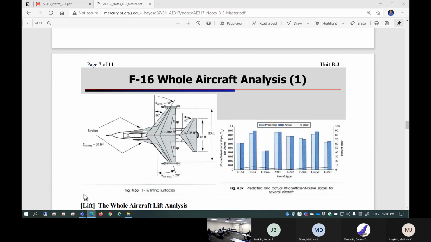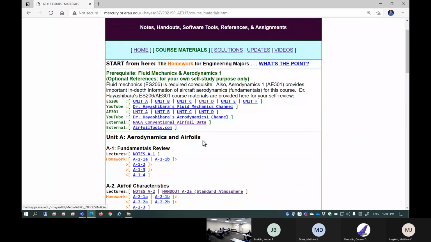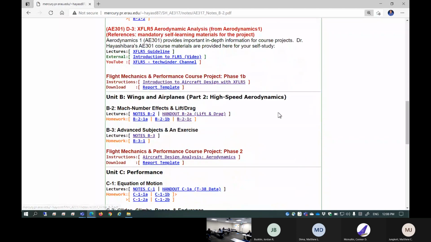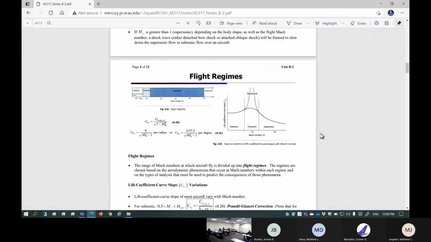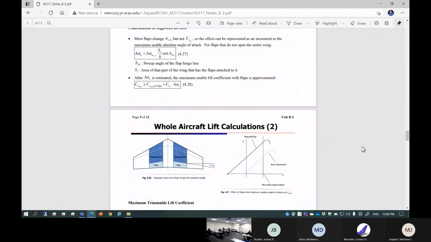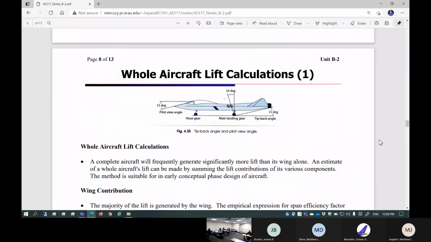Let me just take a look at Unit B2, okay? Unit B2 actually consists of a fairly humongous number of equations after equations that can make you feel very confused. Starting from here is the whole aircraft calculation. This is a hand calculation method to predict the lift and drag of your entire airplane.